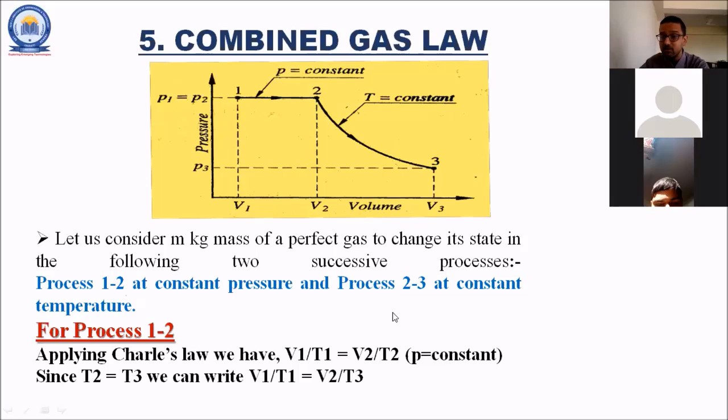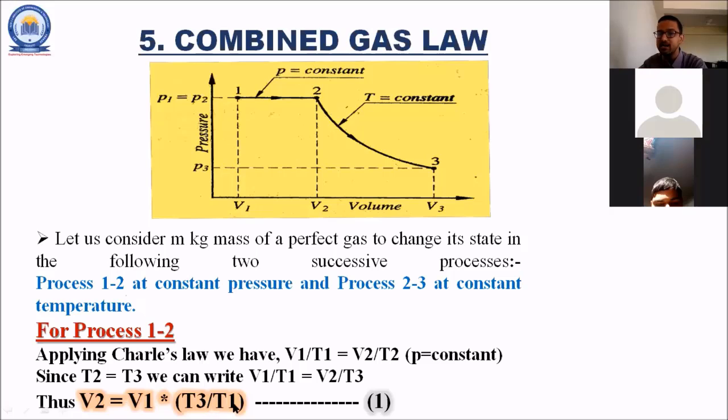Substituting T3 for T2, we are getting the equation V1 by T1 is equal to V2 by T3. I am replacing the term T2 by T3 according to the PV diagram. Again moving further, making V2 the subject of the equation, I am writing V2 is equal to V1 into T3 by T1. And I am marking this as equation number 1. I hope you have understood up till here.